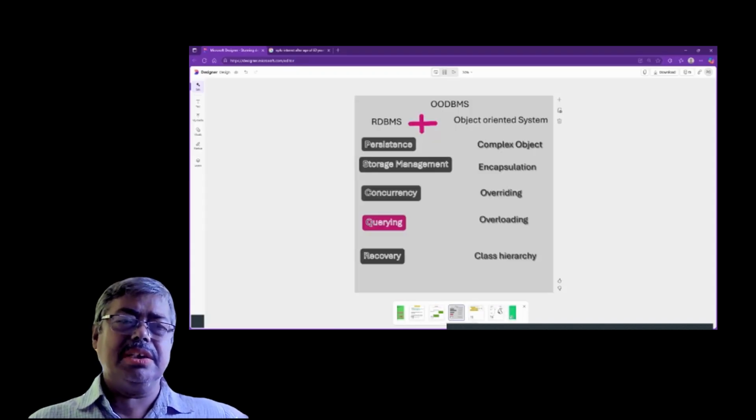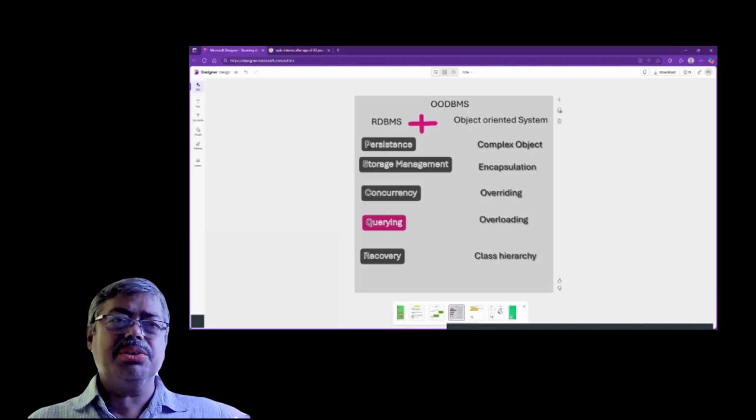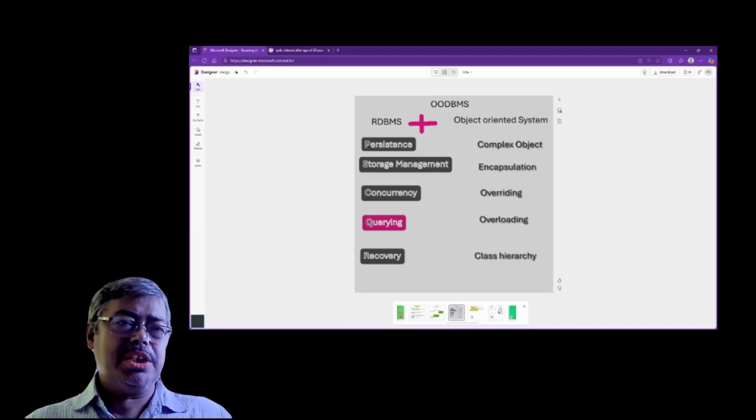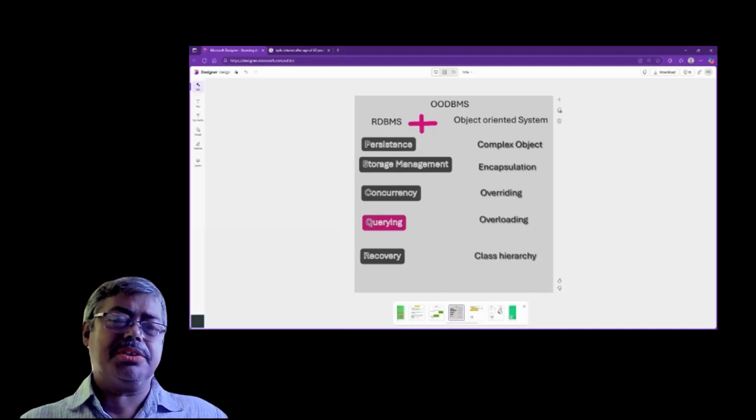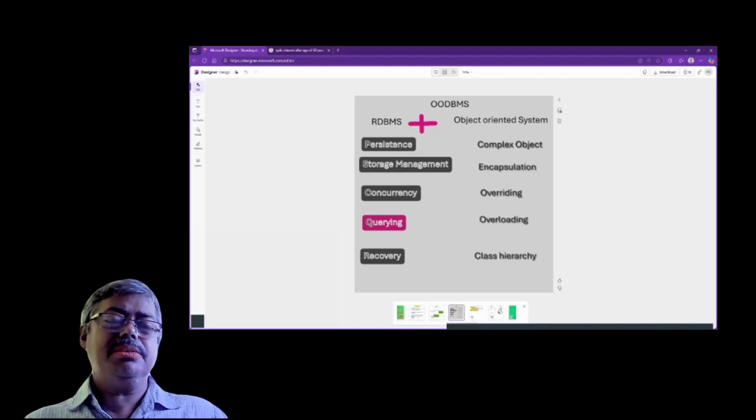Object-oriented database management system is a combination of relational database management system and the object-oriented system. Relational database management system gives us persistence, storage management, concurrency, querying, and recovery process. And the object-oriented part gives us complex objects, encapsulation, overriding, overloading, and class hierarchy.